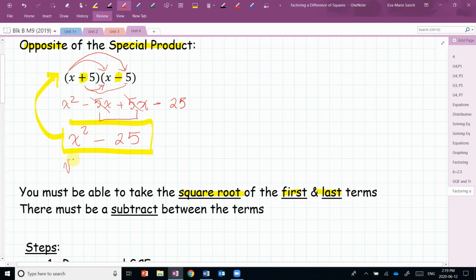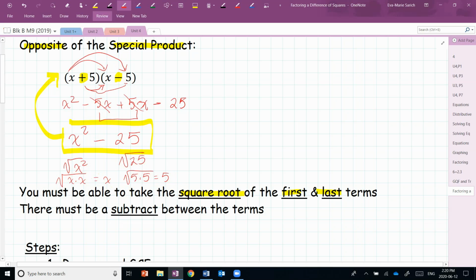So what is the square root of x squared? Well, x squared is x times x, so the square root of x squared is x. And what is the square root of 25? Well, 25 is 5 times 5, so the square root of 25 is 5. So we can take the square root of x squared and 25.